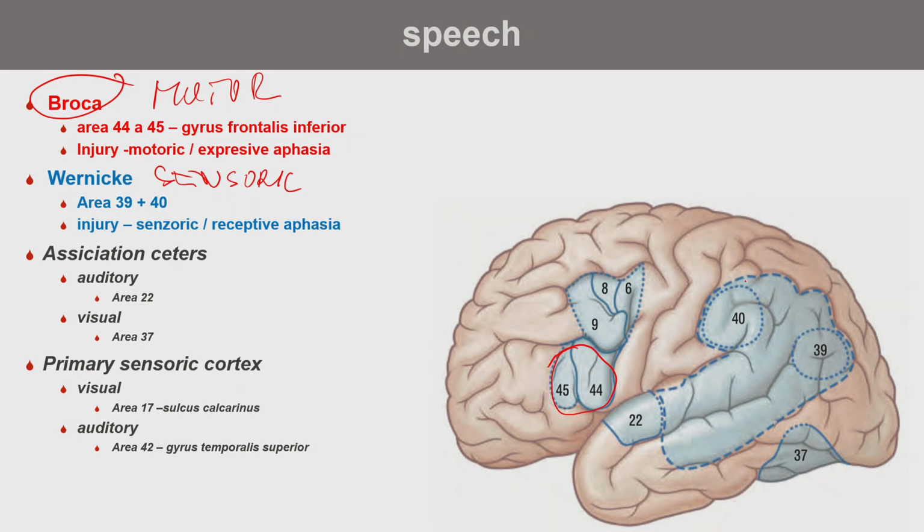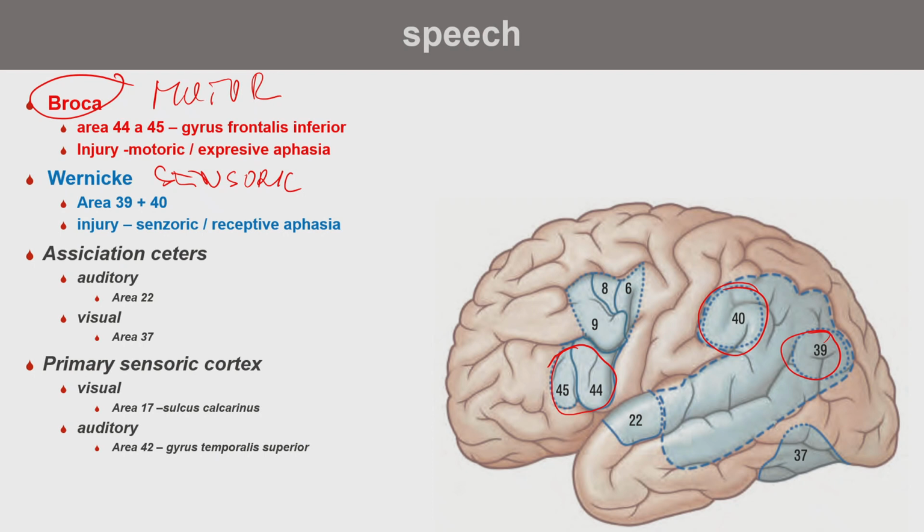The second area is Wernicke, 39-40. This is a much more variable part, because the parietal cortex is very variable and plastic for the distribution of those centers. So this is more plastic than motor.